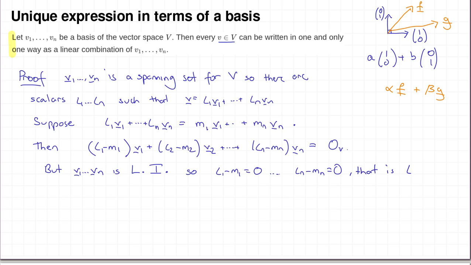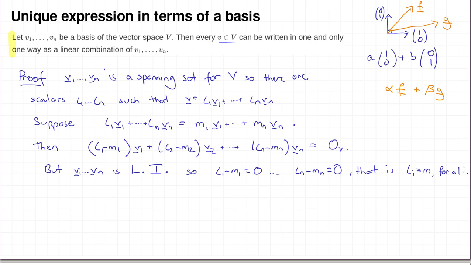And that means that every Li is equal to the corresponding mi. We've completed our proof because we've shown that there's only one linear combination of the vi's equal to a given vector.